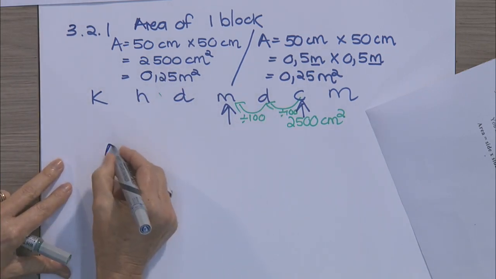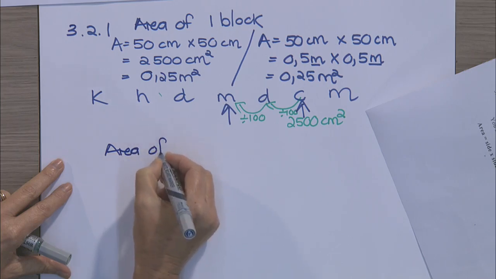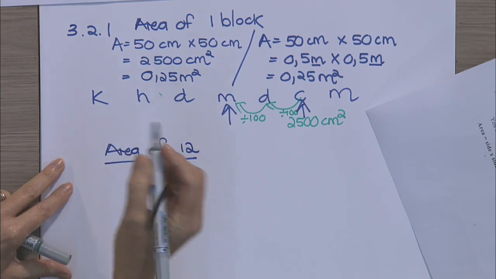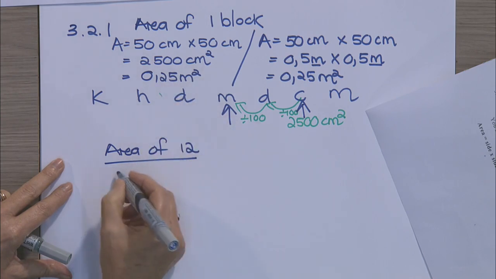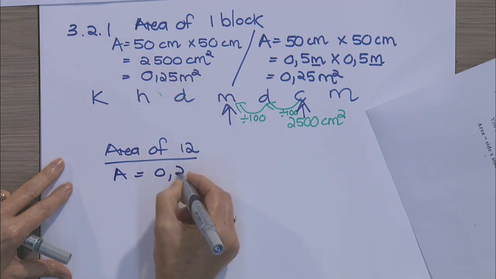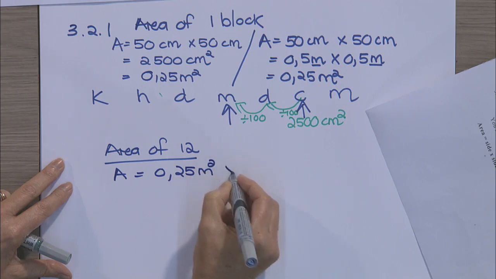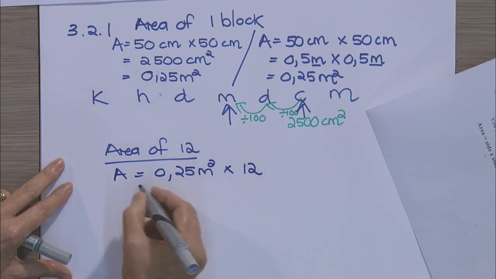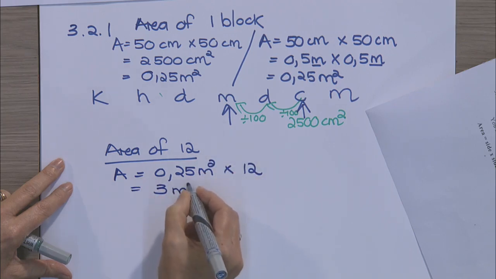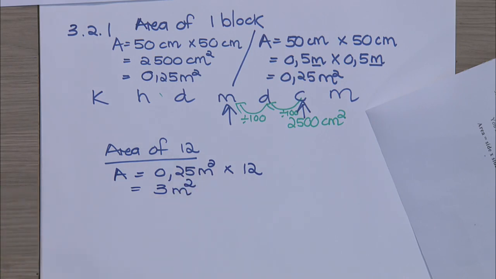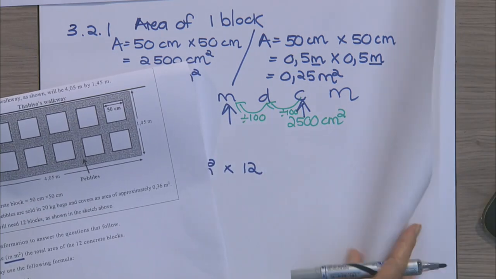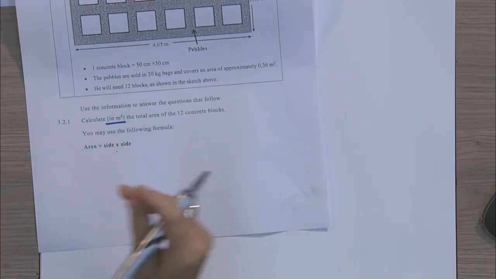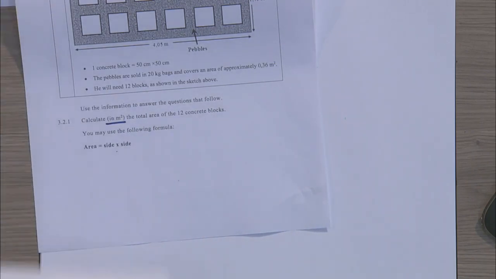So the area of 12 blocks, we will then take the answer of one block, 0.25 meters squared, and multiply that by 12, and then we get that it's 3 meters squared for all 12 blocks. So that was then question 3.2.1.